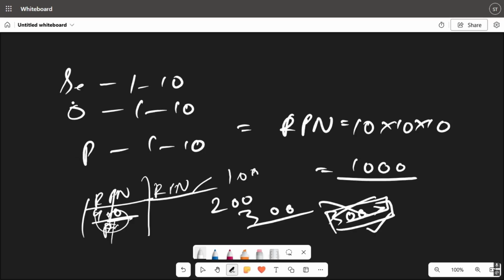Also, I have not explained what severity, occurrence, and detection mean. Severity is to understand how severe the effect or the failure mode will affect the final product. Occurrence is the frequency of occurrence of this particular failure mode.